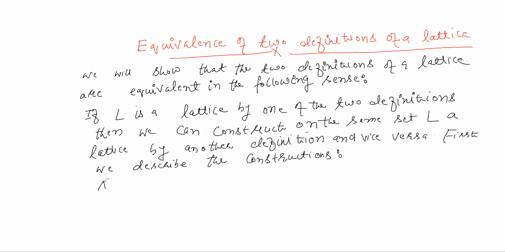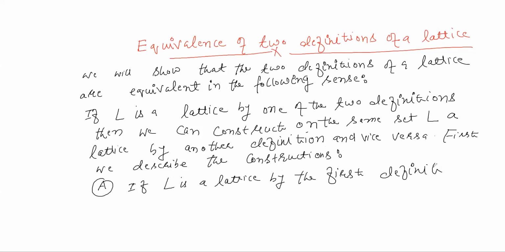I call it A. If L is a lattice by the first definition, I want it to be a lattice by the second definition. To be a lattice by the second definition, I have to define a partial order on it so that the supremum and infimum of any pair of elements exists.